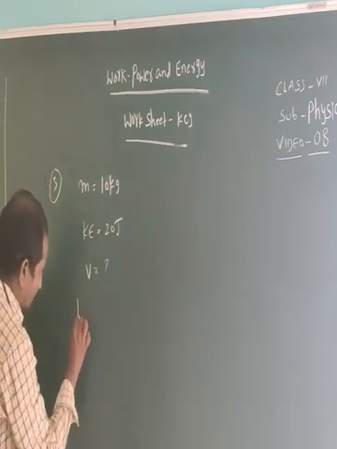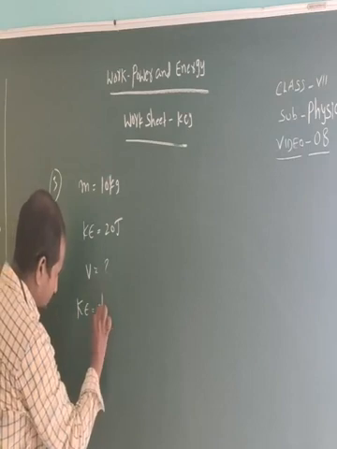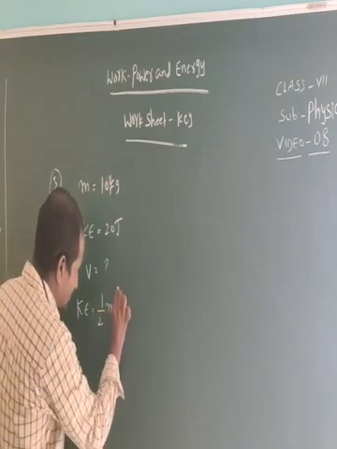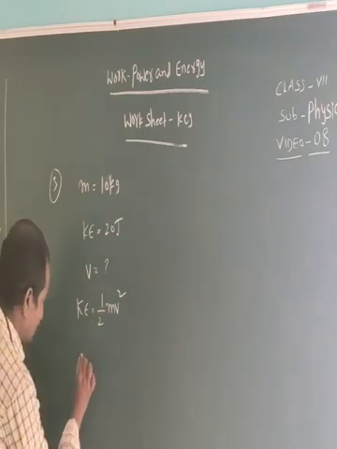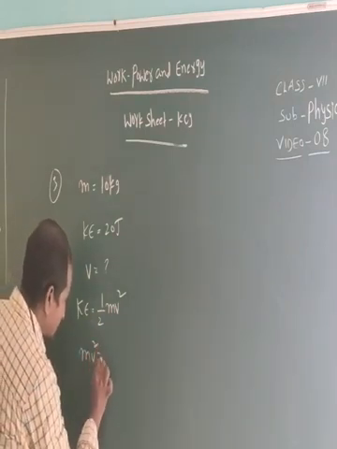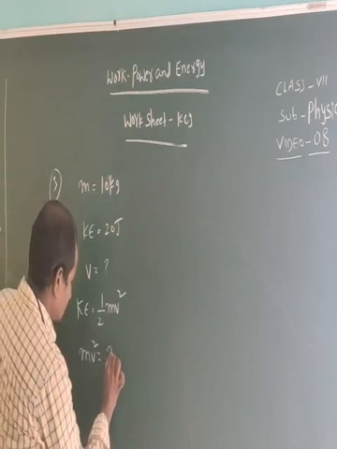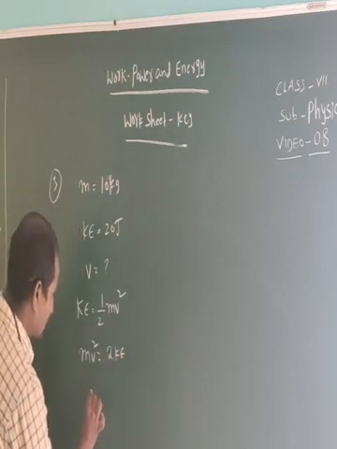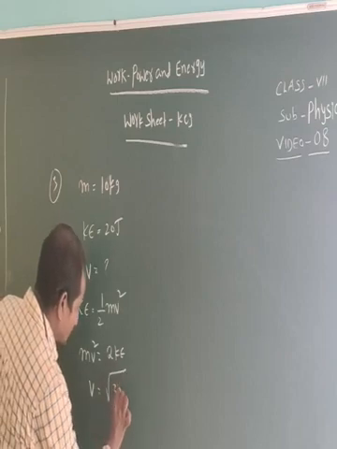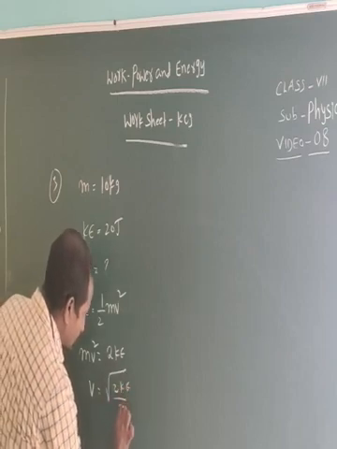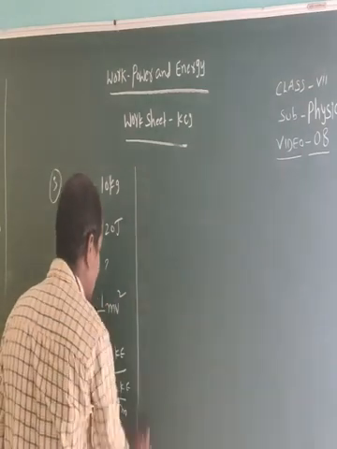So we know that K equal to half into m into v square. So here m v square is equal to 2K. So v equal to root of 2K by m, it is the velocity.